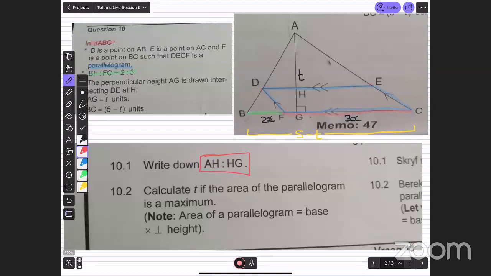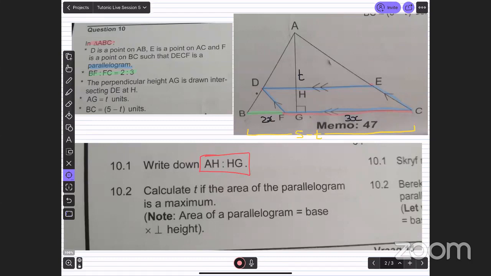But before we do that, remember I told you guys, always, when they give you information, unpack the information. Maths is a language. So when they say that something is a parallelogram, do you guys agree you've got parallel lines here? If you've got parallel lines, what does that mean?